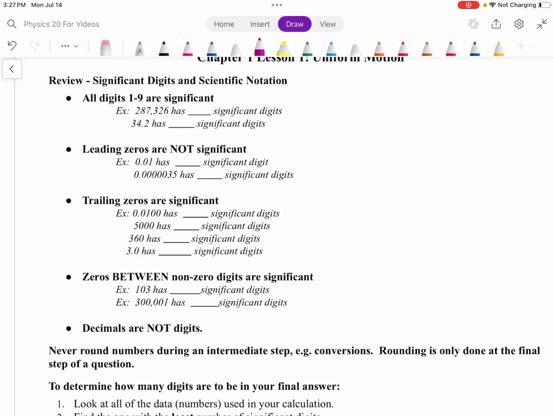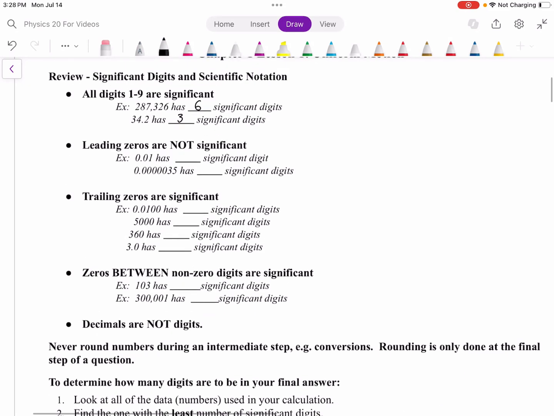None of those are zeros, so we don't even have to think about it. They are significant. This has 6 sig digs. 34.2. The decimal doesn't count as a digit, so we've got 1, 2, 3 significant digits, the 3, 4, and the 2.